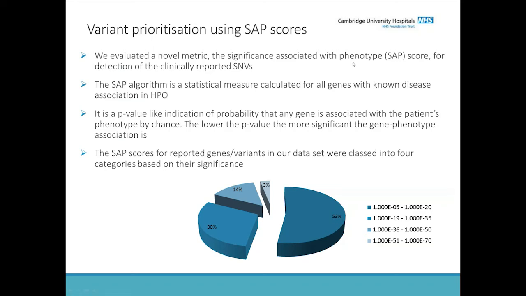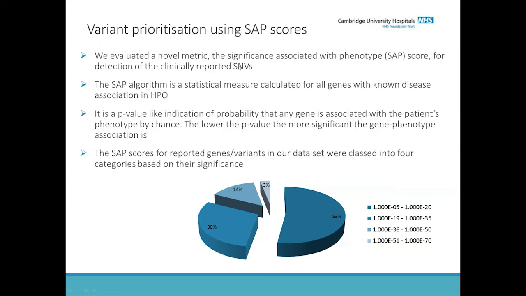But because we are essentially filtering more variants using the HPO for our very non-specific and heterogeneous group of referrals, I was interested to see whether using the subscoring metric, which is included within the NX clinical package, we would be able to more effectively prioritize all these variants.